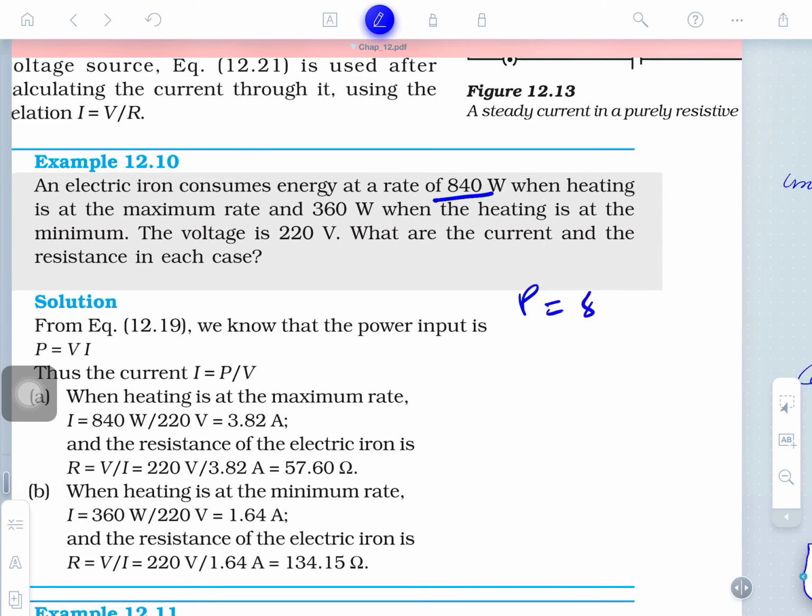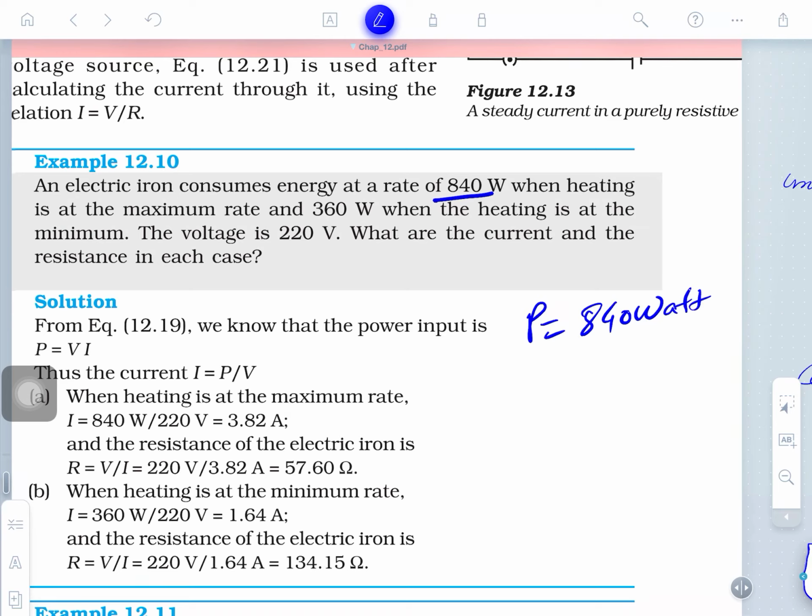Rated 840 watt means if you run this appliance at a 220 volt supply, then it will transform 840 joule of heat energy every second. So power is equal to 840 watt.